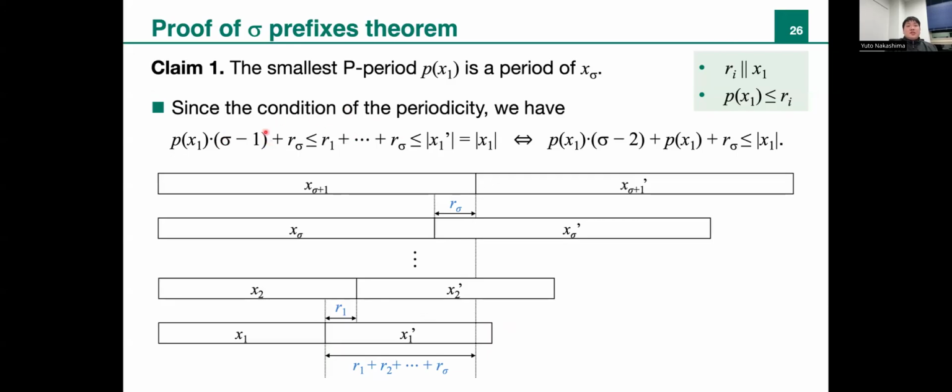So this inequality holds, and this term is less than or equal to the length of x1. So this inequality implies this inequation. This is a simple transformation: the shortest period P is here, and R sigma stays here. So this term is also upper bounded by the length of x1.